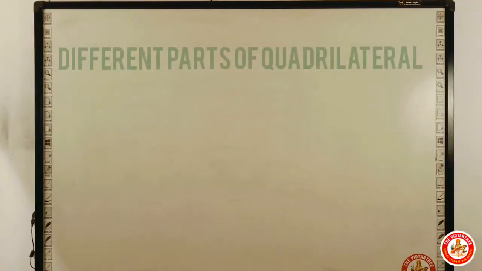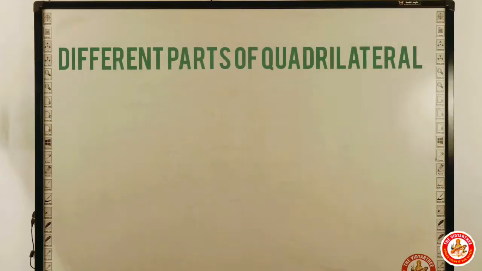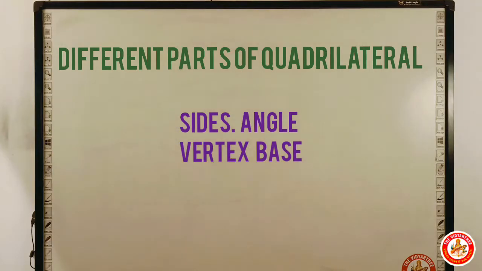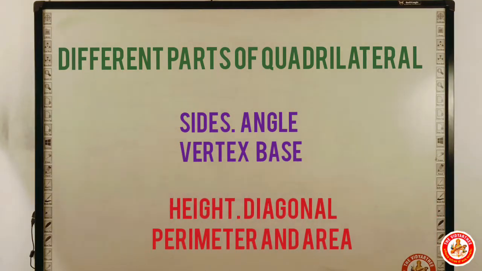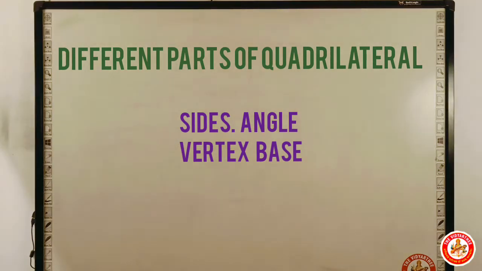The different parts of quadrilateral and their respective meanings are: side, angle, vertex, base, height, diagonal, perimeter, and area. Now coming to the meaning of this, what is a side?